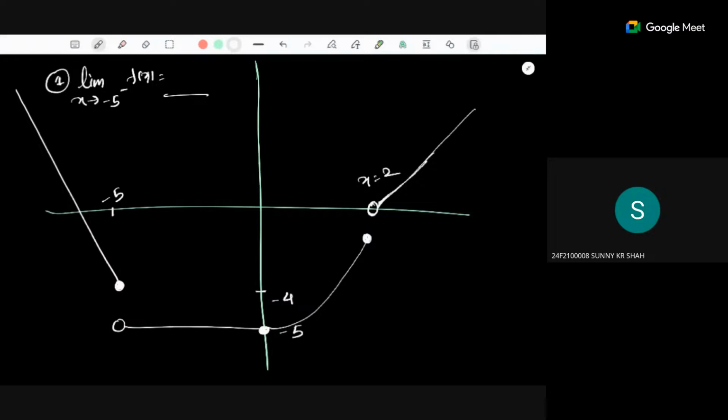Anyone can answer this one? f is not continuous at -5 and x is equals to 2, but we can find the left hand and right hand limit, right? What will be the left hand limit for x goes to -5 minus? That means the left hand limit of f at -5.